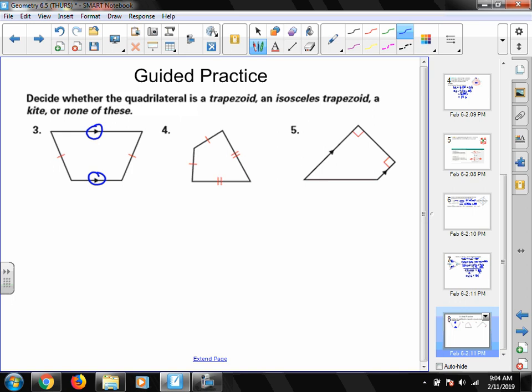Okay, just how we define a trapezoid as a quadrilateral with one pair of parallel sides. So since I have these little tick marks here, that means that these two sides are the same length, meaning this is an isosceles trapezoid.